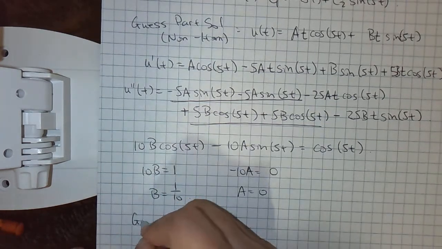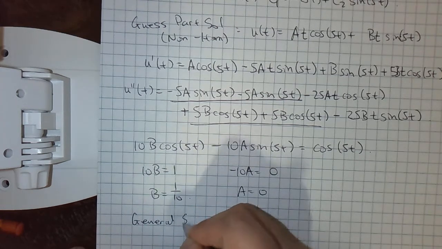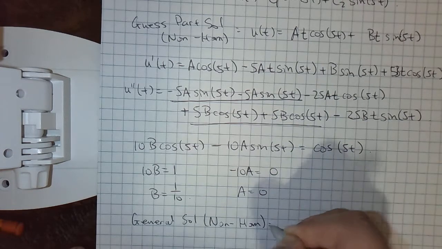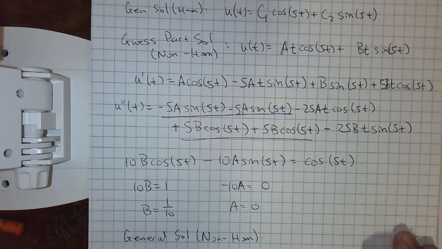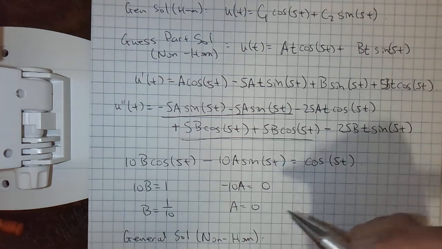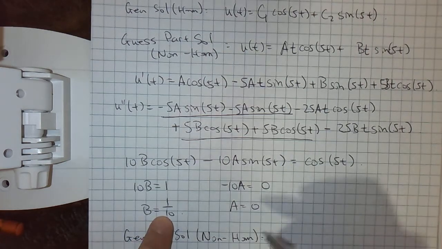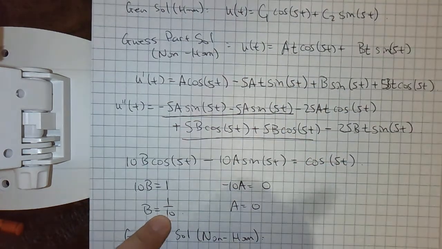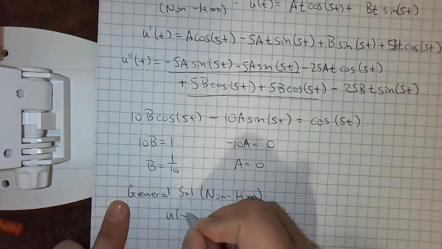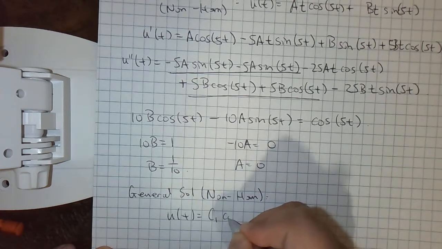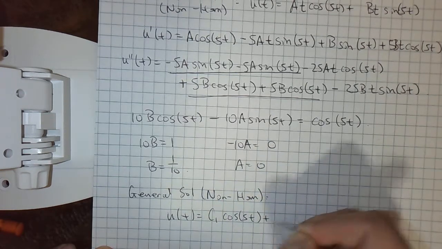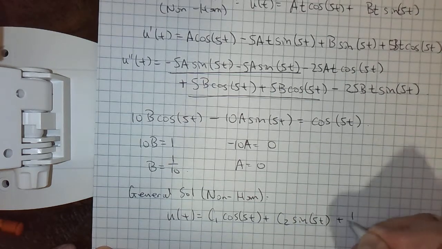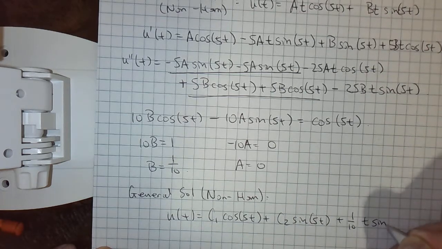So our general solution to the non-homogeneous case is, I need to add my particular solution, which I put in a 0 for a and a 1/10 for b, to my general solution to the homogeneous case. So I get u of t equals c1 cosine 5t plus c2 sine 5t plus 1/10 t sine 5t.